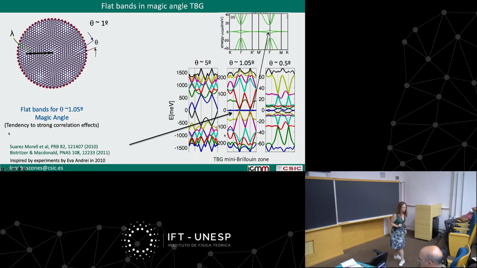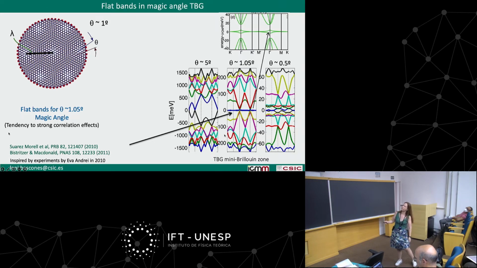More than 10 years ago, there was a prediction by a couple of groups that if we have these two layers of graphene, one rotated with respect to the other, and we rotate them just 1 degree, so they're almost stacked one on top of the other, then the bands close to the Fermi level can be extremely, extremely narrow.